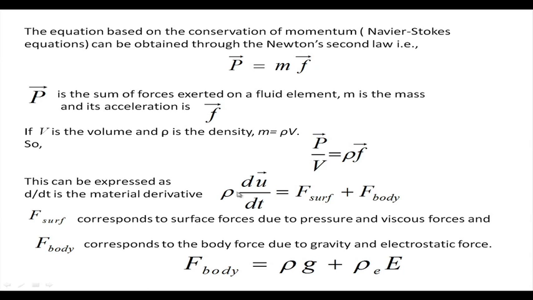The conservation of momentum equation can now be expressed in this way, where this Du/Dt is referred to as the material derivative. Now, the material derivative is not exactly the total derivative. That means here every element is moving with the fluid itself.